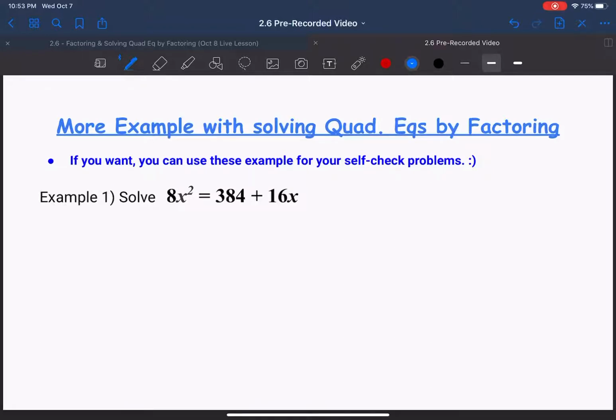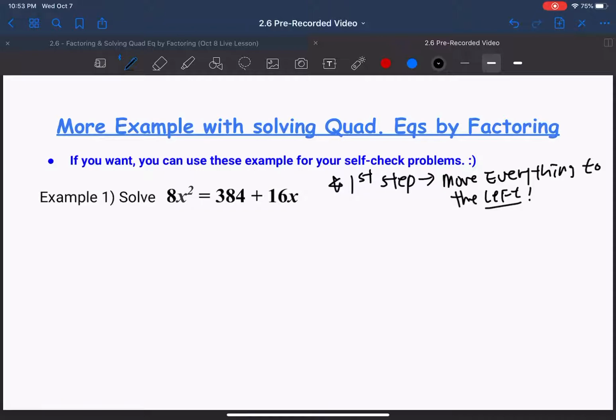So the first step, always move everything to the left. I am going to move 384 to the left and then 16x to the left, which means you have to subtract 384 and then subtract 16x.